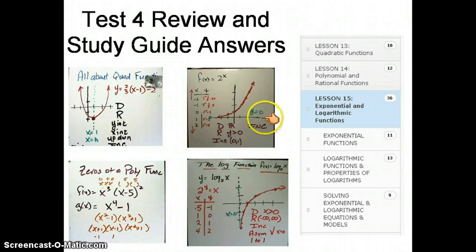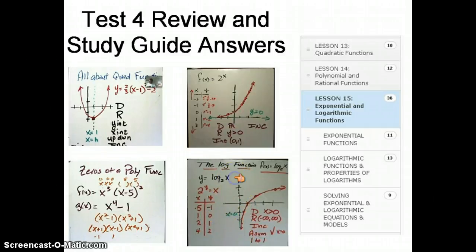Then you may remember we made the switch from exponential to logs, and in the log function in this lesson we noticed that really the log function is the inverse of the exponential function. So here we have an x-intercept of 1, 0, and we have a vertical asymptote here, and I explained to you how to graph it.